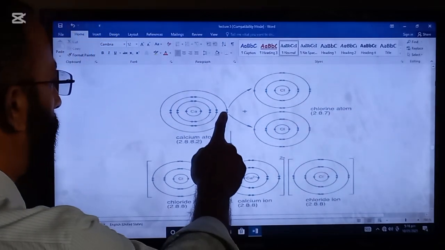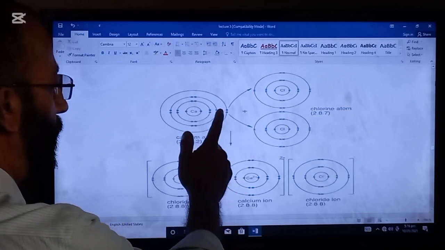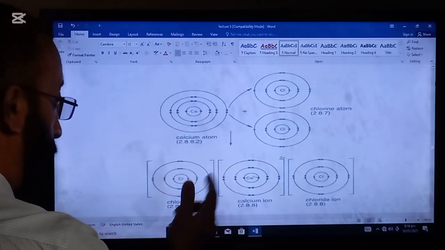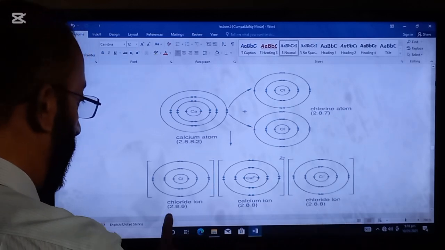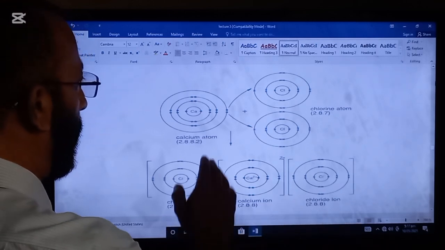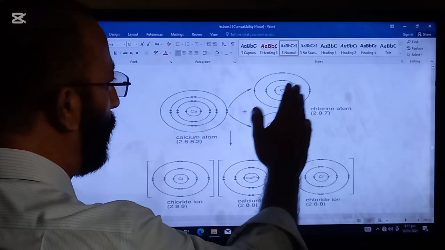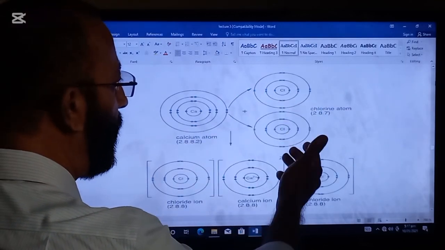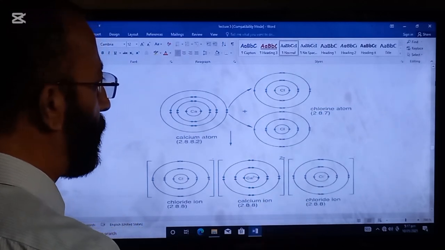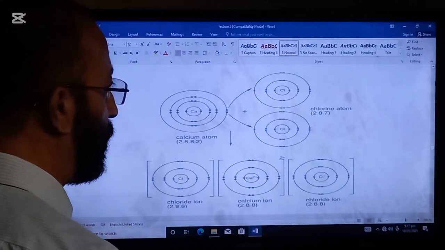These 2 valence electrons will be lost by the calcium atom to gain the noble gas configuration, that is 2,8,8. 1 electron will be gained by each of the chlorine atoms to gain the noble gas configuration.